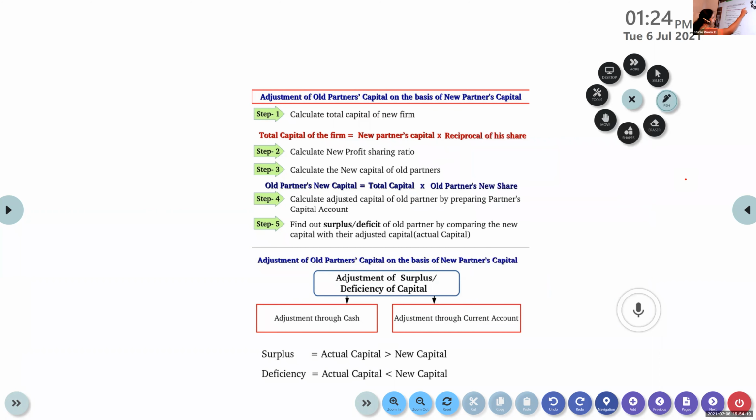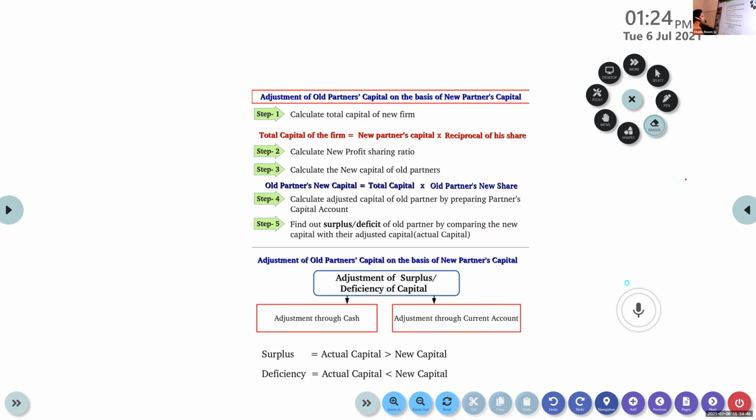If the share is 2 by 3, then the reciprocal will be 3 by 2. If the share is 1 by 4, then the reciprocal is 4 by 1. So this way, the total capital of the firm is found out by multiplying new partner's capital into reciprocal of his share.